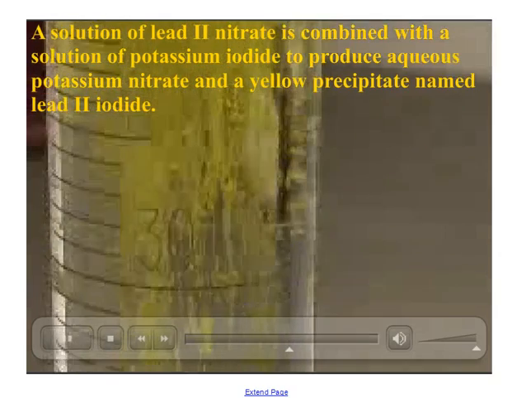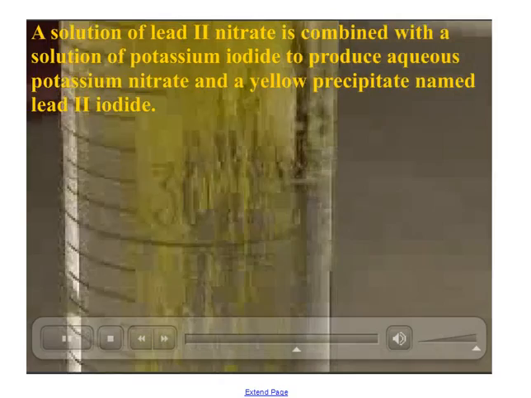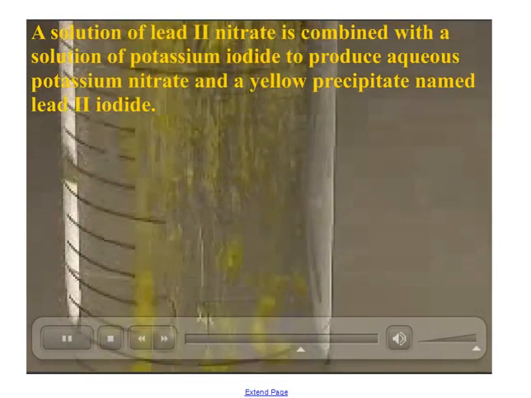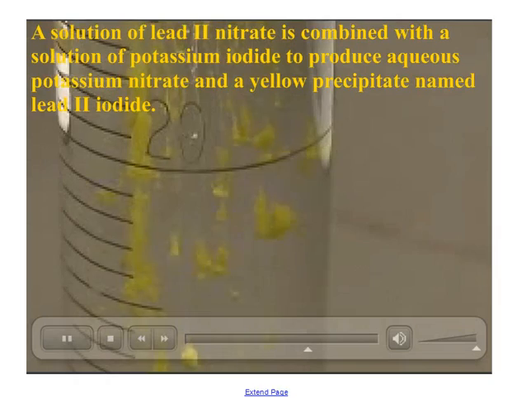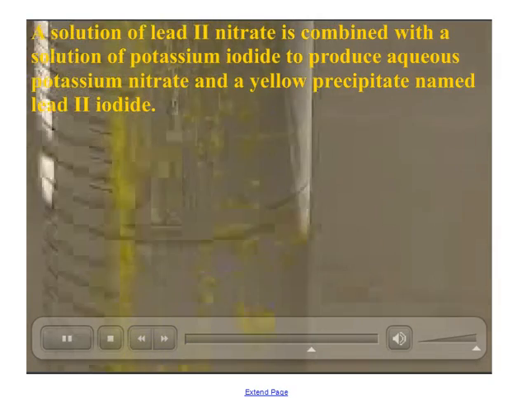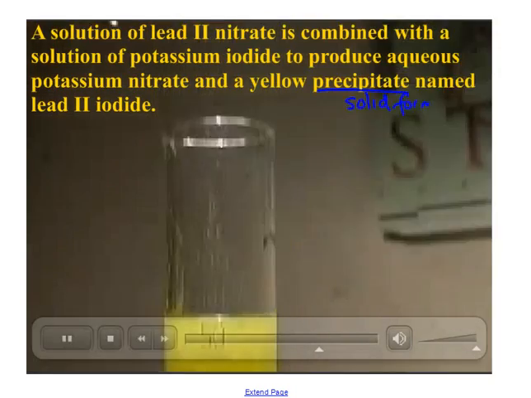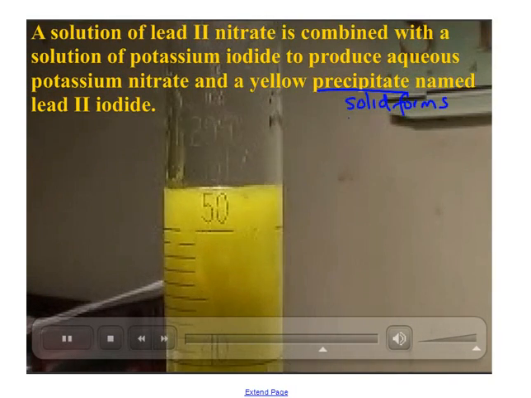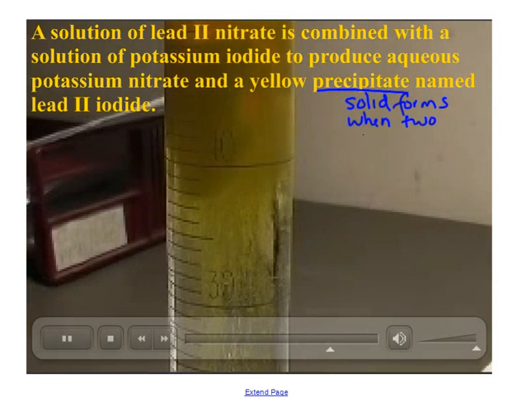But it's kind of interesting to see because what you can actually see here is the precipitate. You might want to write this down as a definition. A precipitate is when a solid forms when two solutions are mixed.